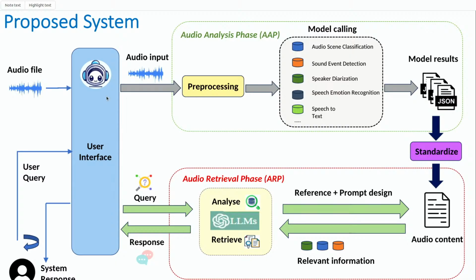The user sends an audio file, and after that, the tool will analyze the audio and create a JSON file of model results. For each model, we have one JSON file. Afterwards, the individual JSON files are integrated into one standardized JSON file, and that is the audio analysis phase.